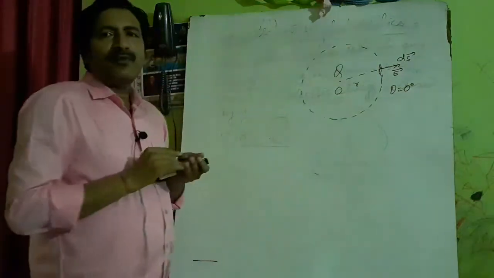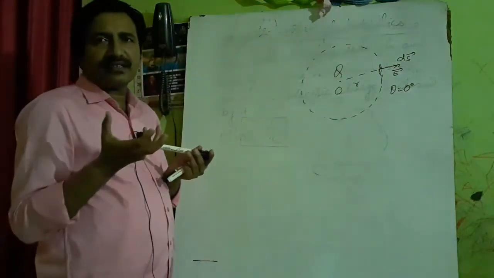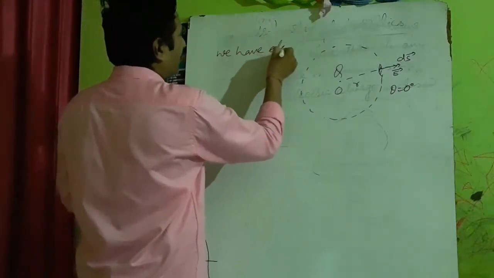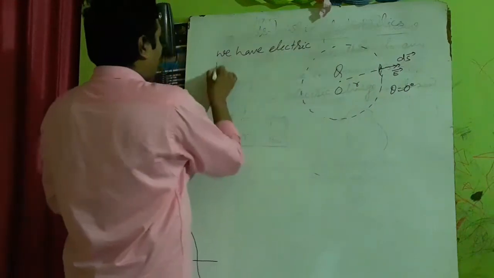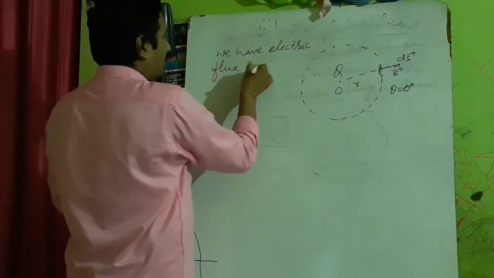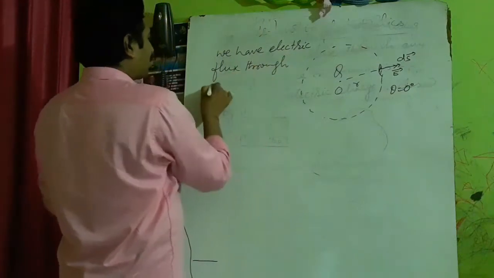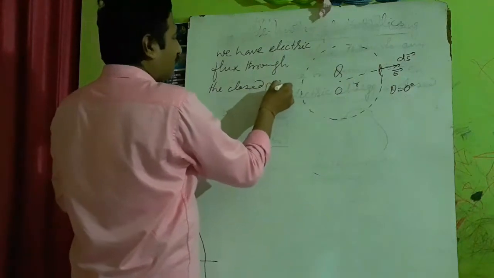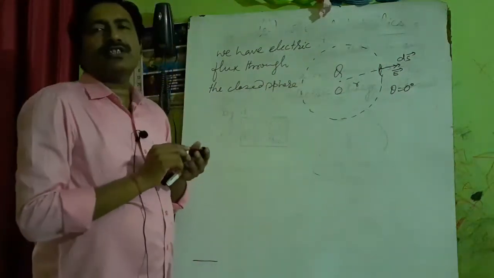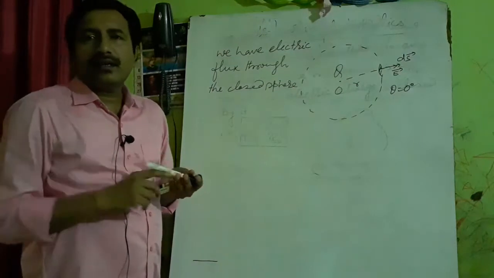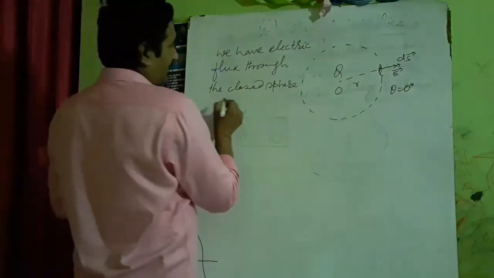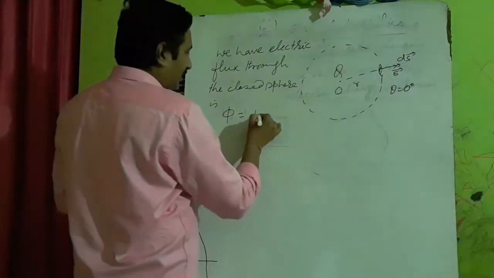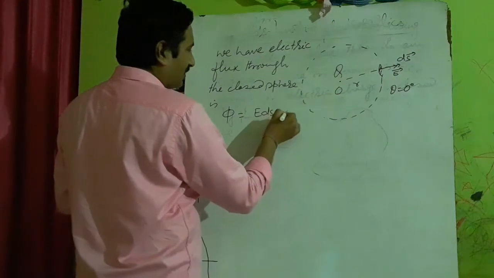Now using the formula for electric flux, as we have electric flux through the closed sphere. All the closed surfaces for which Gauss law is applied is called Gaussian surface. The closed sphere is phi is equal to, you see, integral of E ds cos 0 degree.